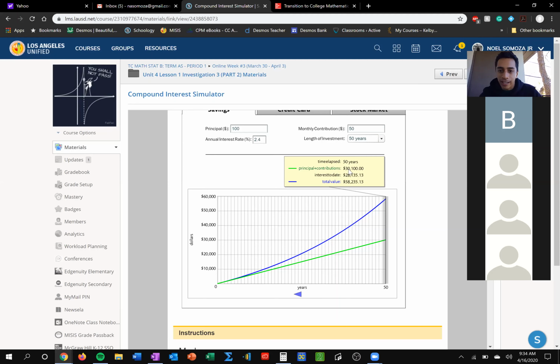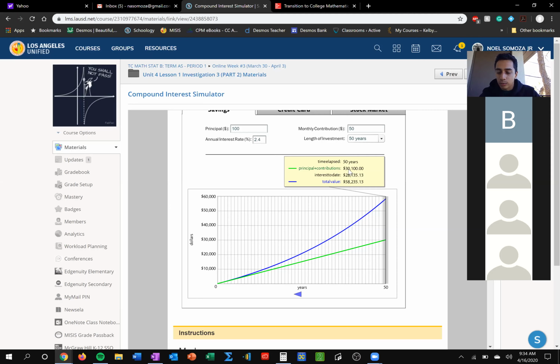Let's just say you open an account right now. You guys are what, 18? Okay, so if you chose to retire 15 years from now, you'd be about 68. So let's say this is your scenario. You open an account with $100, and then you decide to save $50 every month, put it into that account, and you have an interest rate of 2.4.